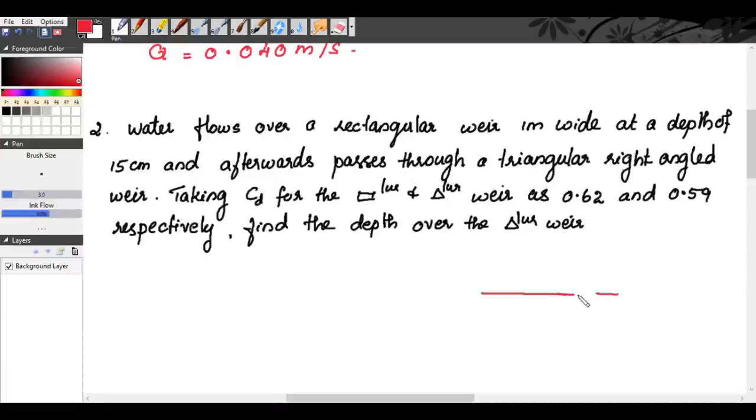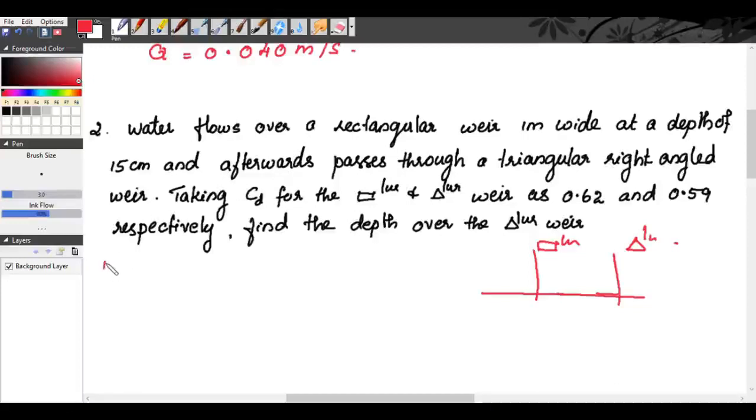First you have a rectangular weir, then a triangular weir. Taking CD for the rectangular weir and triangular weir as 0.62 and 0.59 respectively, find the depth over the triangular weir.